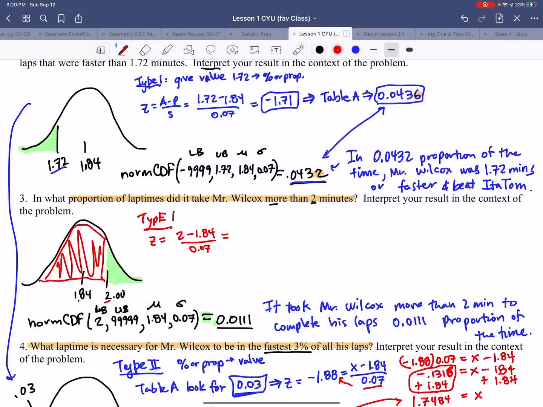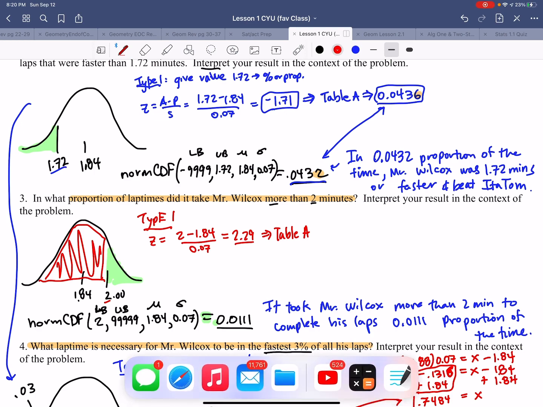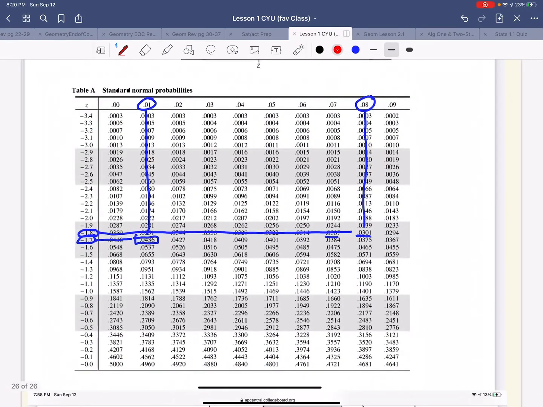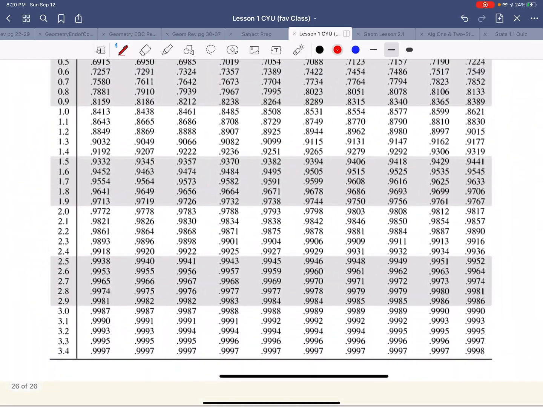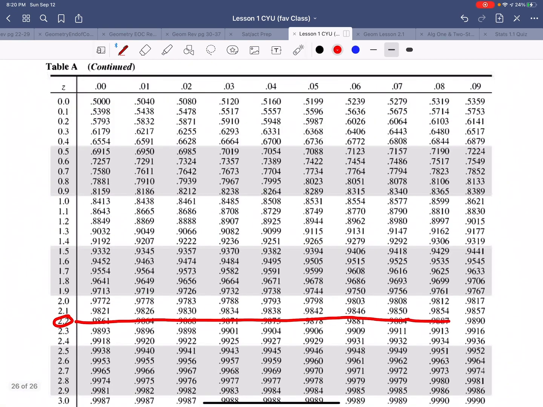That gives 2.29. Remembering to round to the nearest tenth or hundredth, because in table A, that's as far as it goes anyway. So I'm going to look for the number 2.29 in table A.